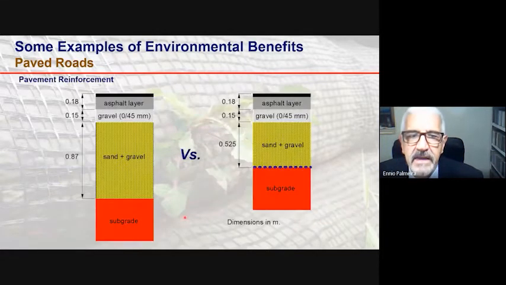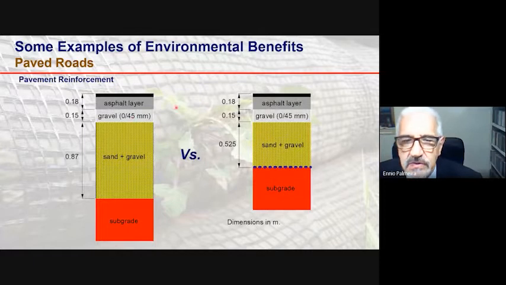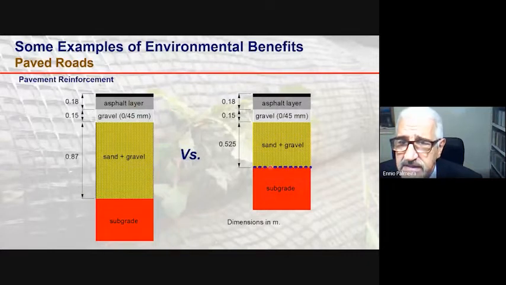For instance, we can see here two designs for a pavement: the conventional approach, where you have an asphalt layer, gravel layer, base material consisting of a mixture of sand and gravel, and the subgrade. And here a solution using geosynthetic reinforcement, the same materials in both cases, but with the presence of the reinforcement, we can reduce the thickness of the base layer.